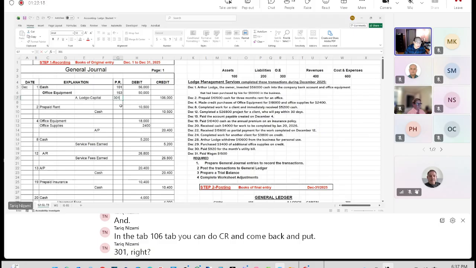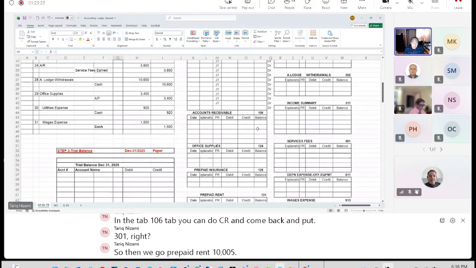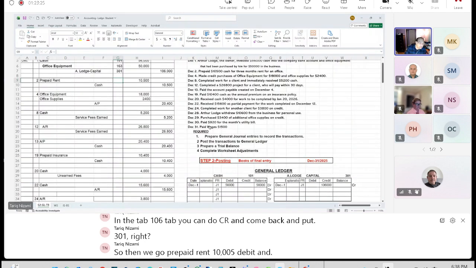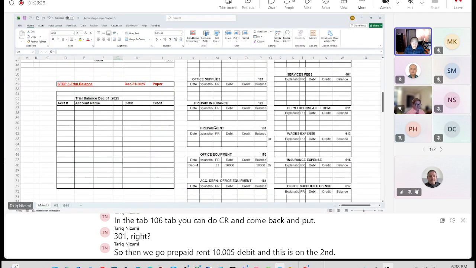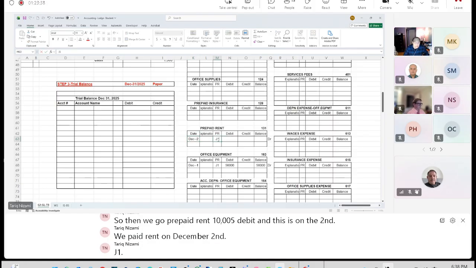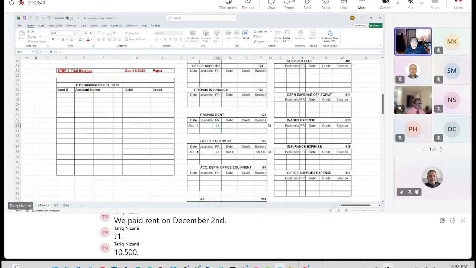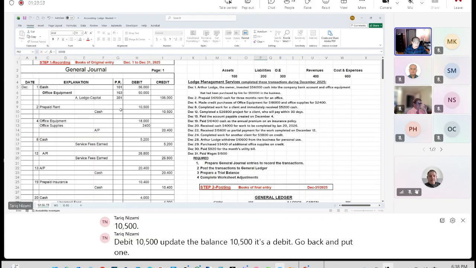So then we go prepaid rent 10,500 debit, and this is on the 2nd. We paid rent on December 2nd. J1, 10,500 debit. Update the balance 10,500. It's a debit. Go back and put 131.